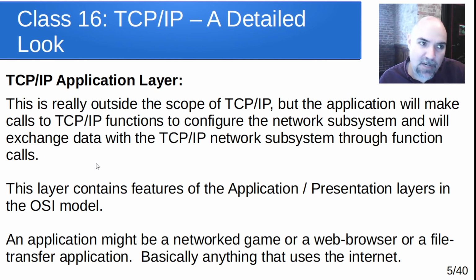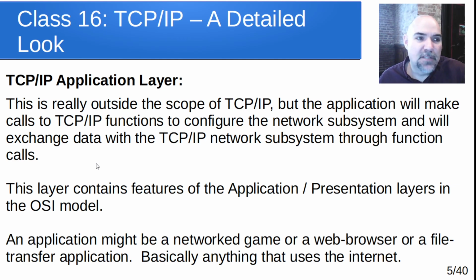But the application layer, what it contains is the features of, in the OSI model, would be application and presentation layers. So in other words, if we want encrypted data, we'll do that at the application layer. If we want an application-specific protocol, we will implement that ourselves outside of the layers of TCP/IP.